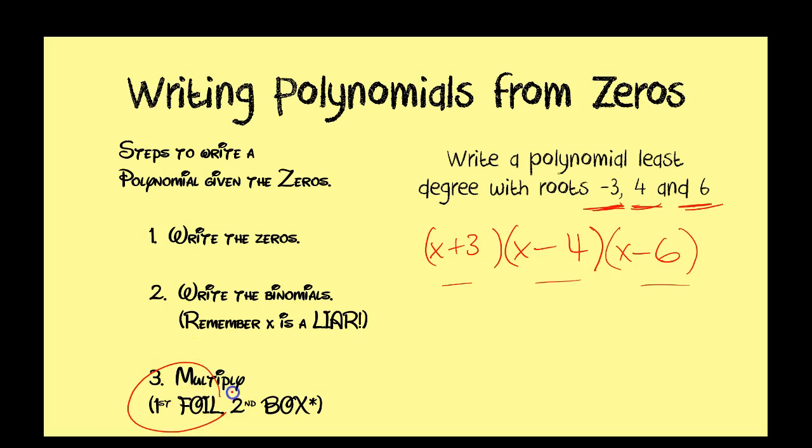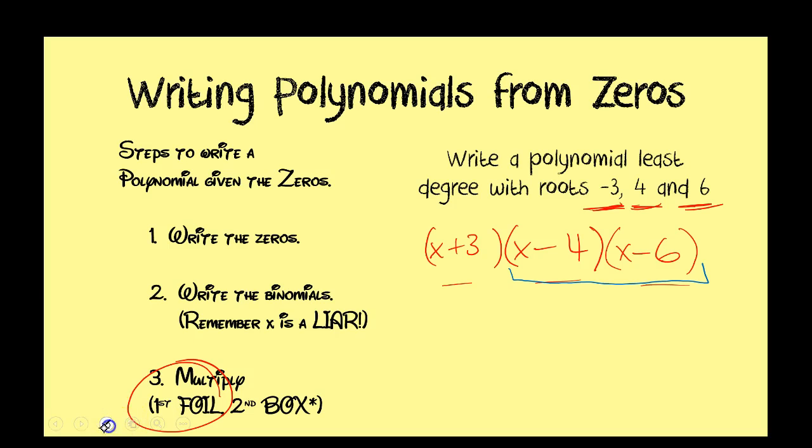Now it says to FOIL. Well, the thing is here, you're not going to FOIL the whole thing, because the FOIL technique only works when you have 2 binomials. This has 3. So what you have to do is pick 2 to work with first. And I recommend always pick the 2 to the right. So I'm going to FOIL these, and then I'll multiply the x plus 3 after.